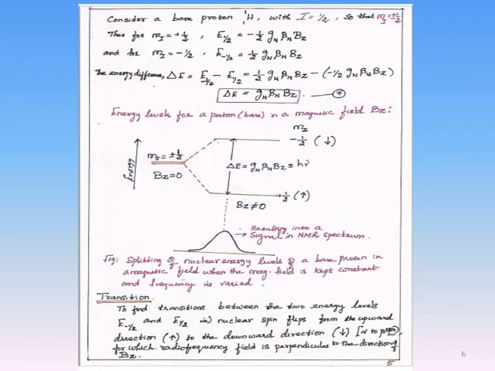Then for Mi equal to minus 1 by 2, the higher energy state, the energy for that level is equal to 1 by 2 Gn beta n Bz. When we calculate the energy difference, delta E is equal to upper energy level minus lower energy level, we will be getting delta E equal to Gn beta n Bz.